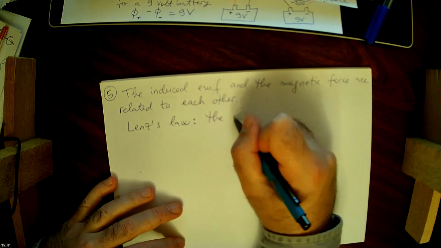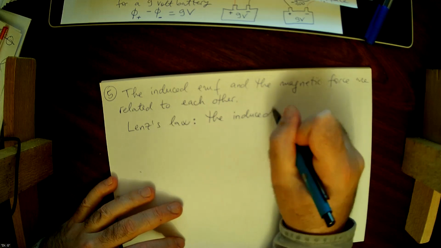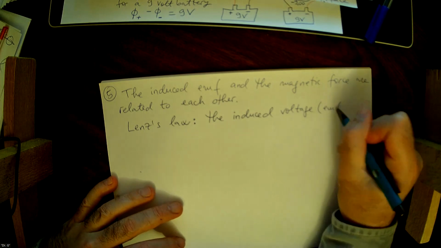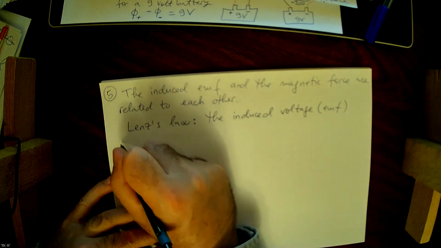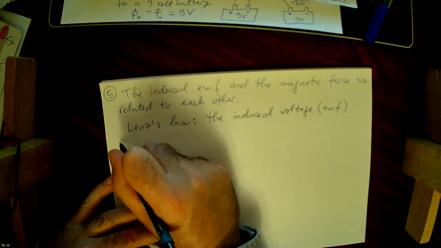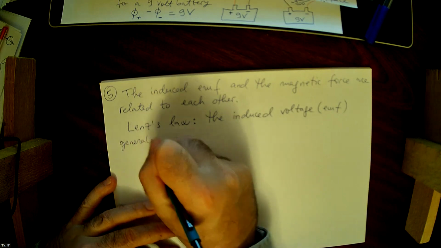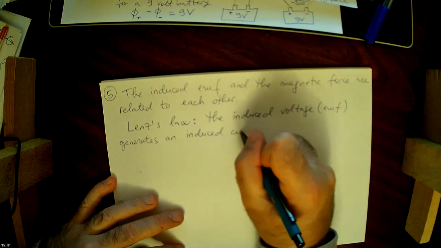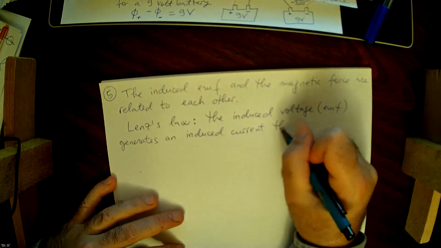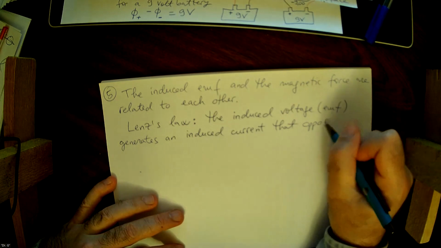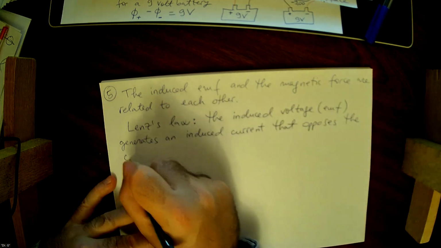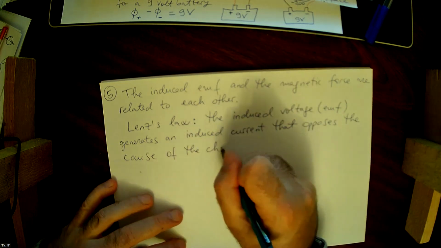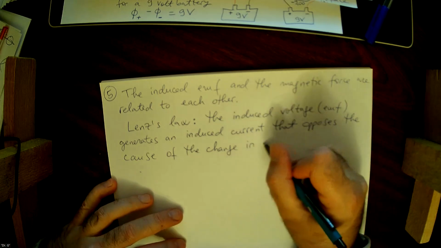Lenz's law. The induced voltage, the induced EMF, generates an induced current that opposes the cause of the change in magnetic flux.